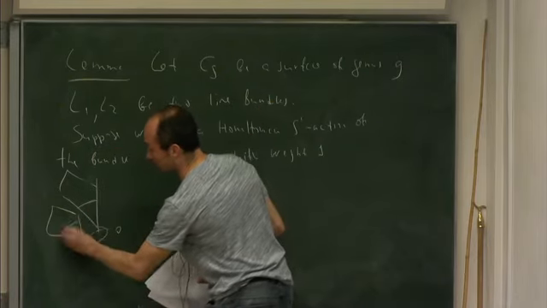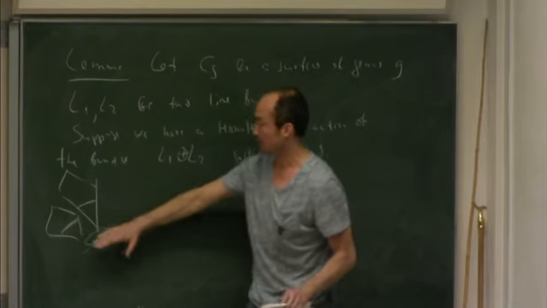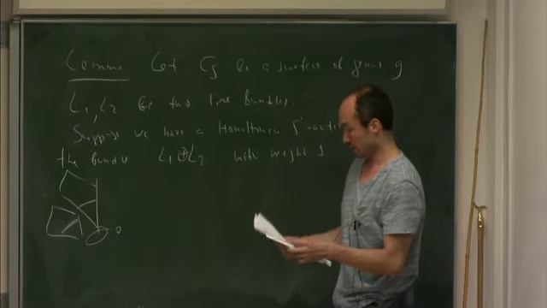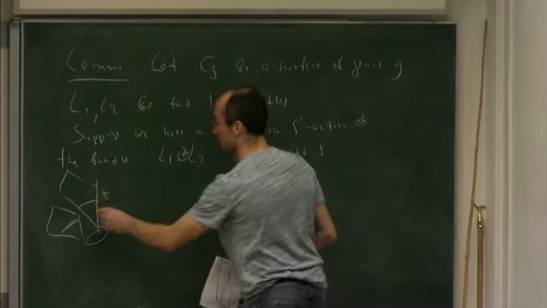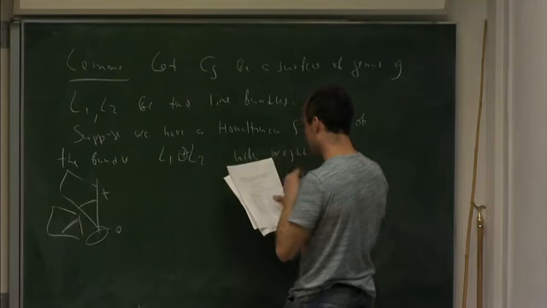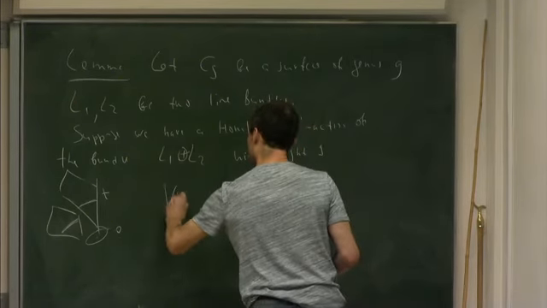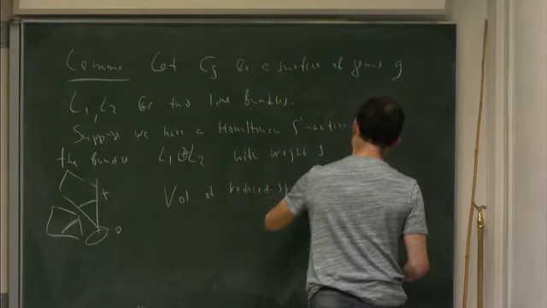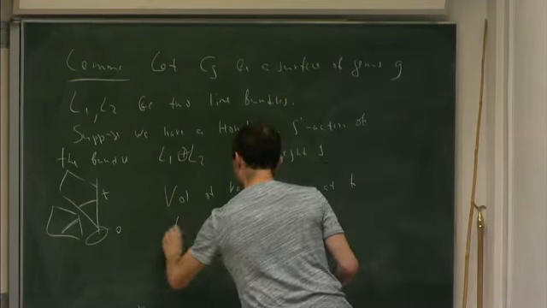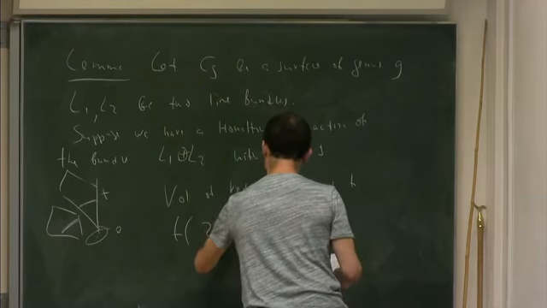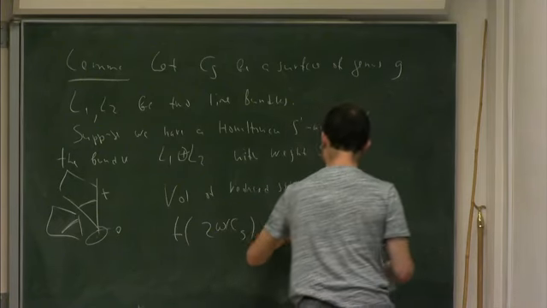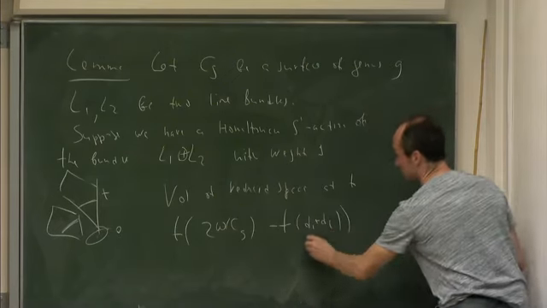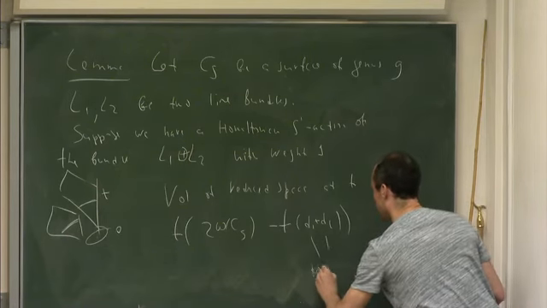We have a symplectic manifold, so we can calculate the volume of the reduced space at level t. The statement is that the volume of the reduced space at t is equal to t times (2 omega g minus t times (d1 plus d2)), where d1 and d2 are the degrees of L1 and L2.